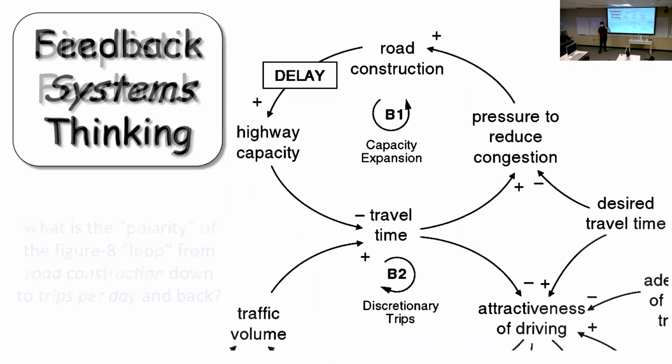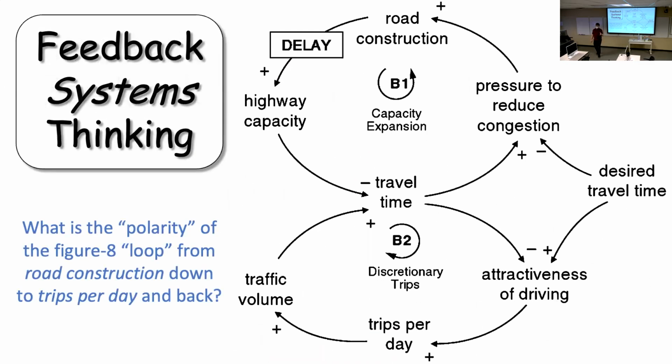The feedback systems approach zooms out a little bit more and says, you know what, there are other variables that matter. And if you start adding in those other variables, then it gives us a different perspective on potential solutions. So if I zoom out just a little bit, then I can think about what other things are involved in travel time.